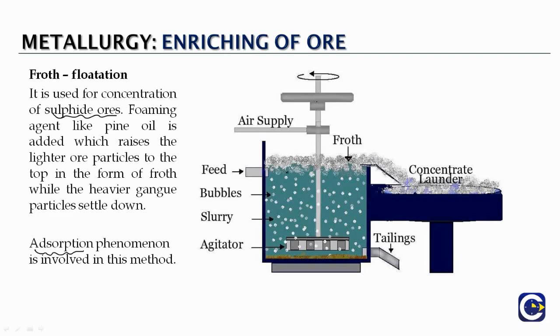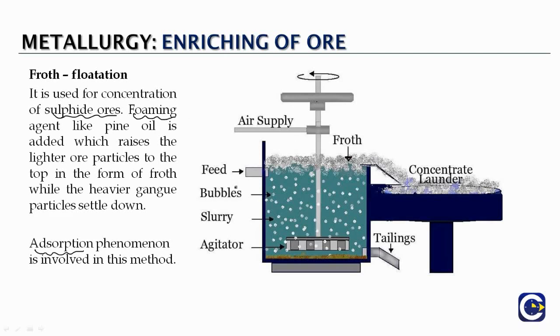We'll have feed from which we'll normally put the ore, sulfide ore, into this froth flotation chamber, where we'll have water, and we will be giving an air supply, and with the help of the agitator we can create the bubbles. And if we use a substance like pine oil, it will be able to create the foam.